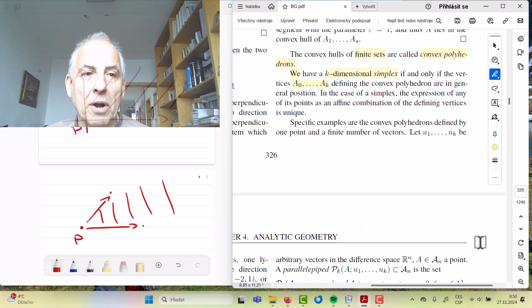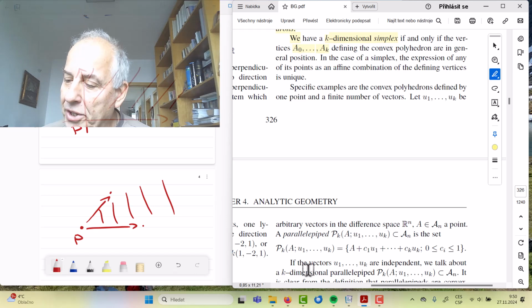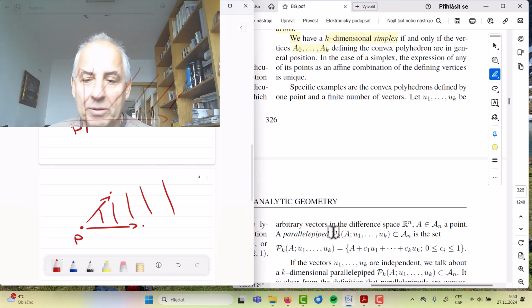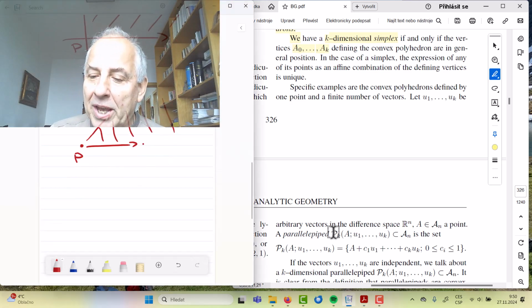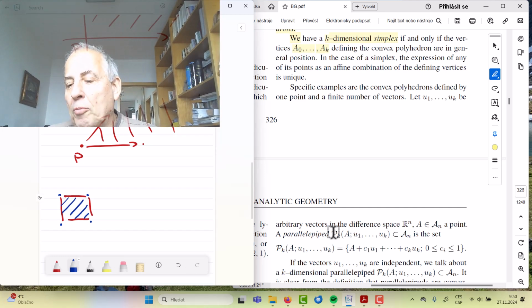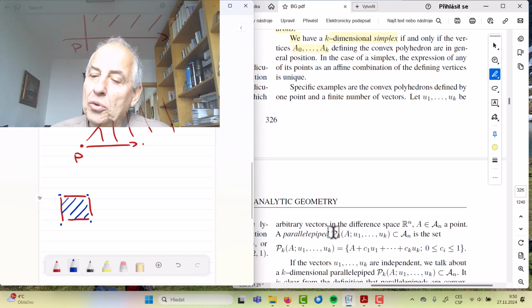There are also special examples of polyhedrons which are not of the generic type, but are very useful. And that happens, for example, imagine in a plane I would like to make a square, right? I make the convex thing, which is defined by 4 points, but there are only 2 independent vectors there, and the other 2 are the same ones, right?